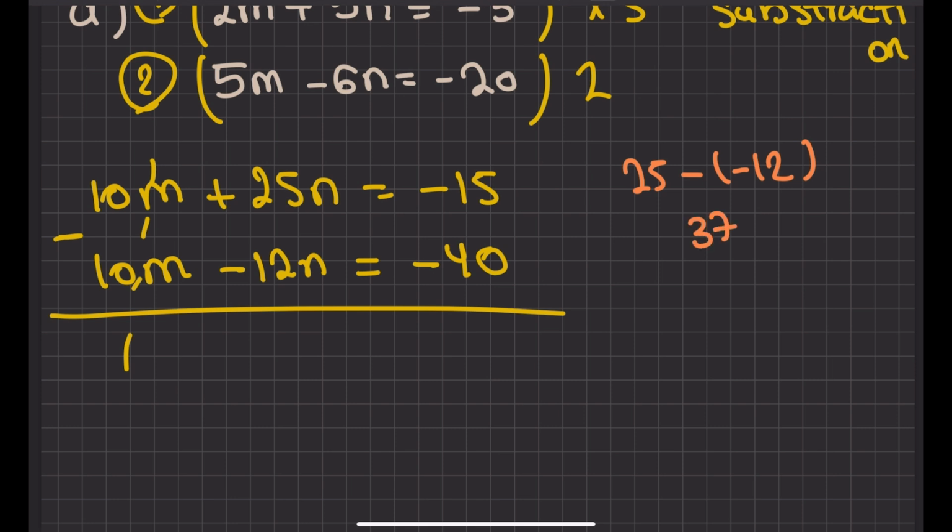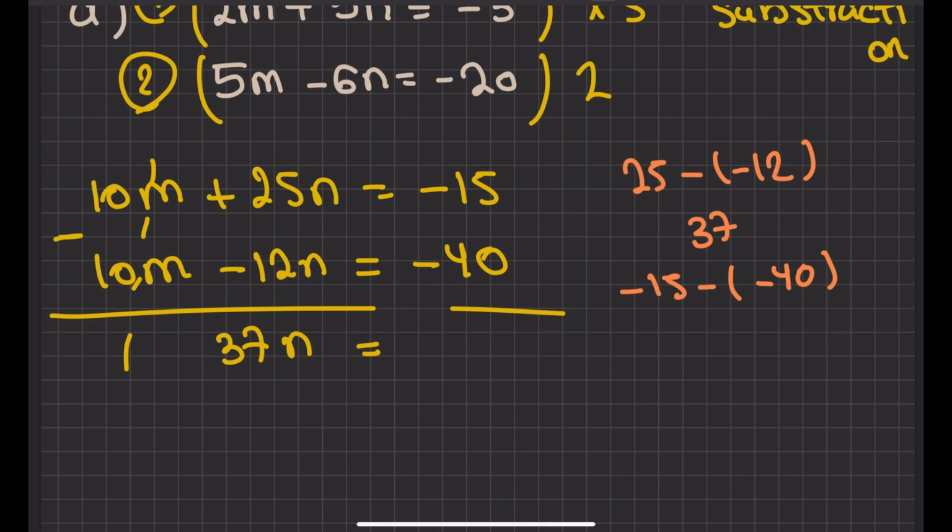So I'm just going to write down 37n equals negative 15 minus 40. Same thing: negative 15 minus negative 40. These two become positive, so it's negative 15 plus 40, which is going to be 25.